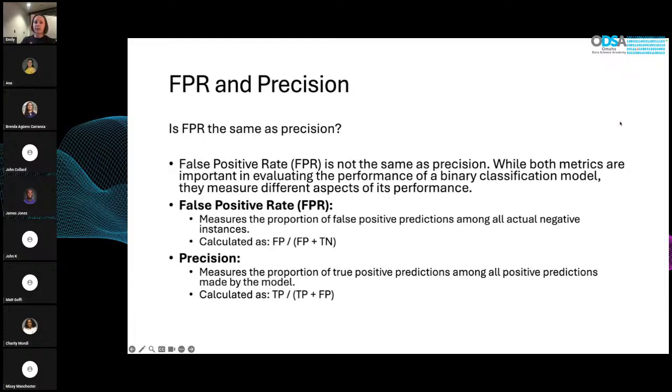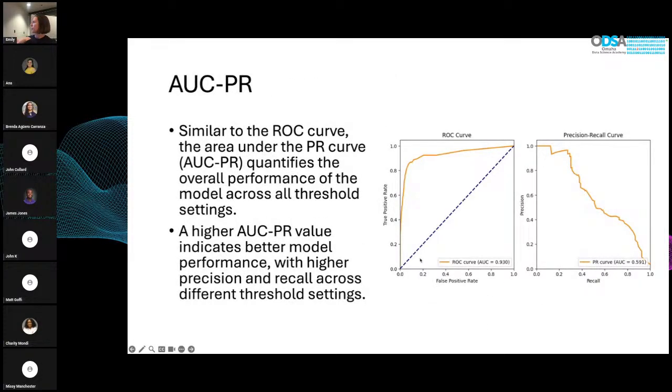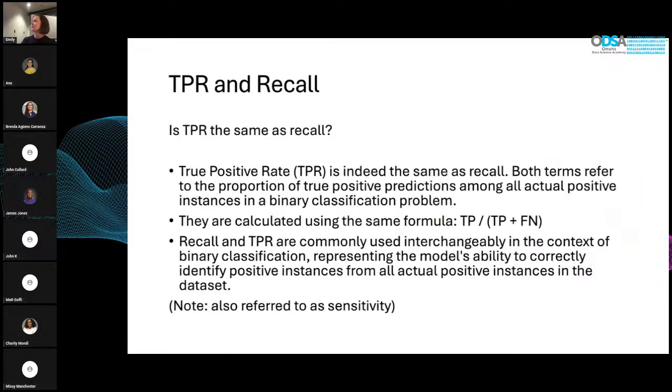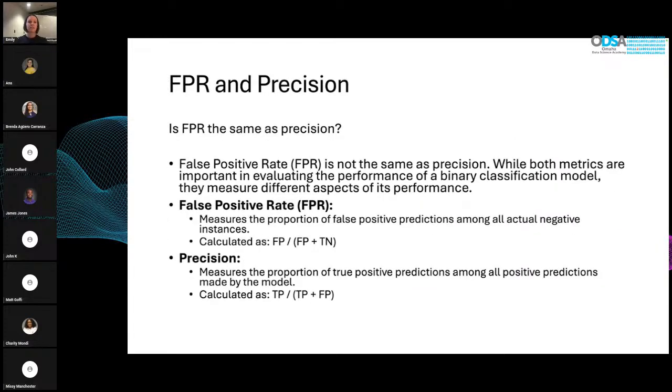All right, false positive rate, the other dimension that we use on this ROC curve. Is the false positive rate the same thing as precision? Are these the same thing? Are these the same graphs? No. The false positive rate and precision are not the same thing. The false positive rate here measures the proportion of false positive predictions among all negative instances. So it's FP over FP plus TN. Remember, we talked about this in session 1, false positive, we didn't talk about false positive rate. That's false positive rate.